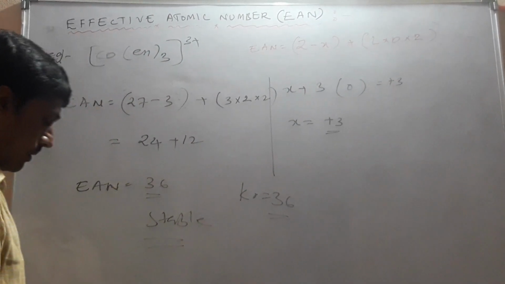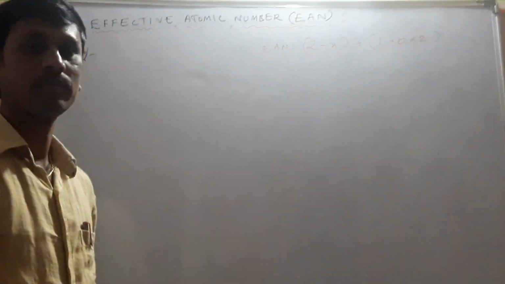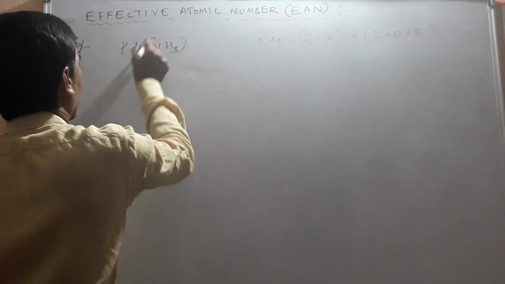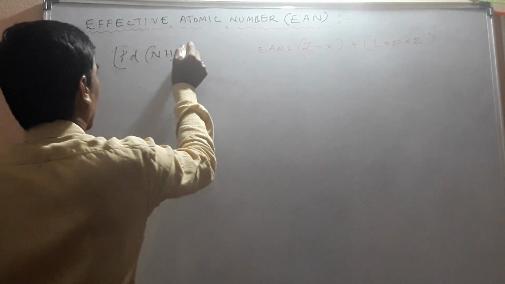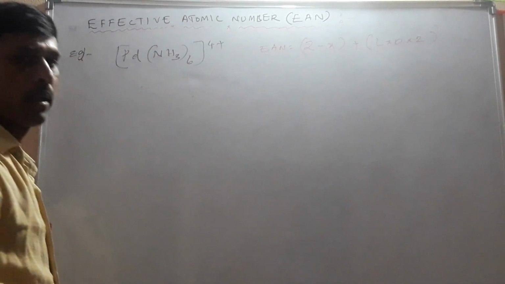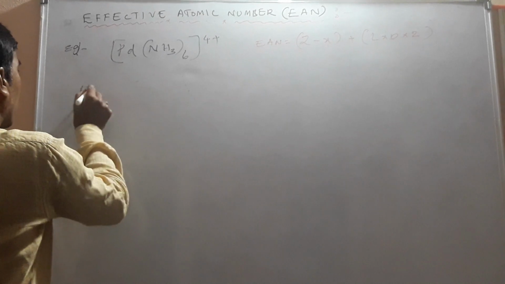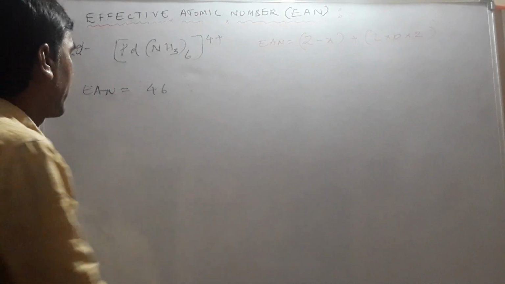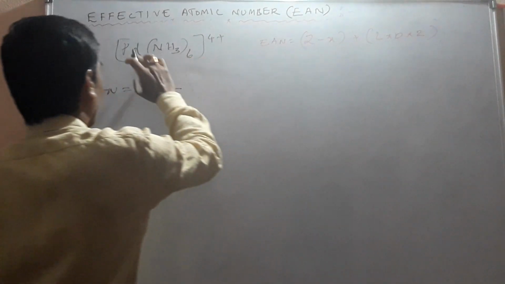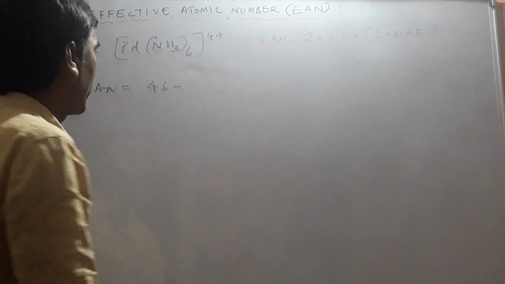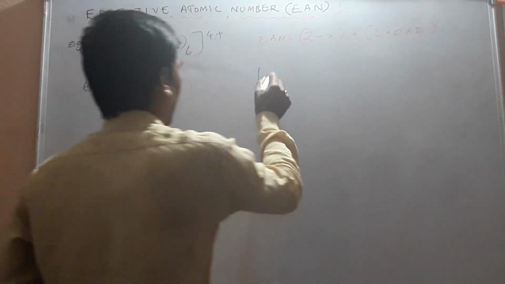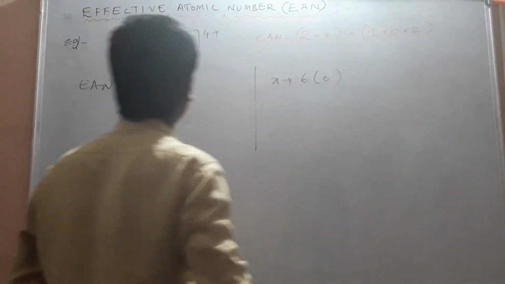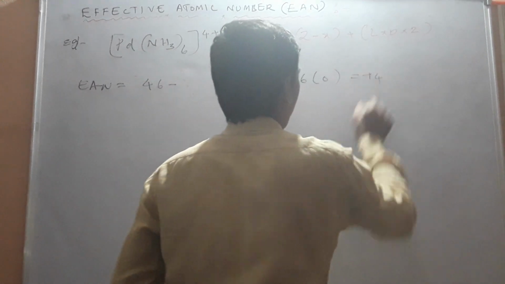Stable complex. Next we will go to another example, that is palladium 6 amine ligands plus 4. In this complex, the atomic number of palladium is 46. Next, the oxidation number of this palladium metal ion is X plus amine ligands. 6 ligands are there, it is a neutral ligand, that's why we are using 0, is equal to plus 4.